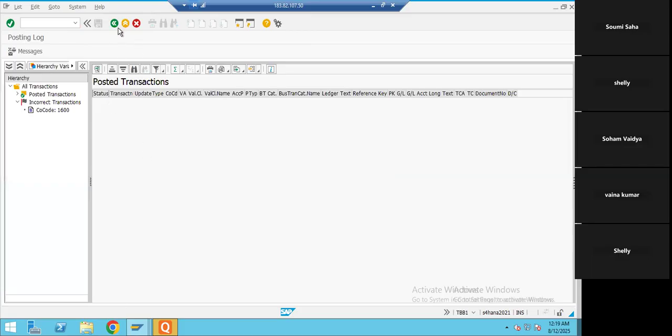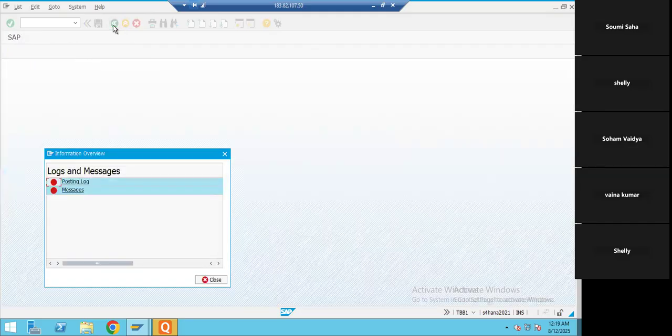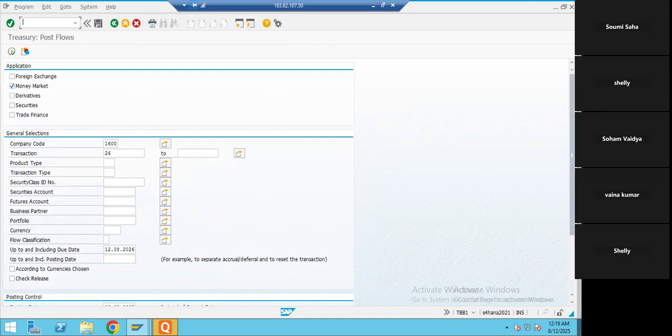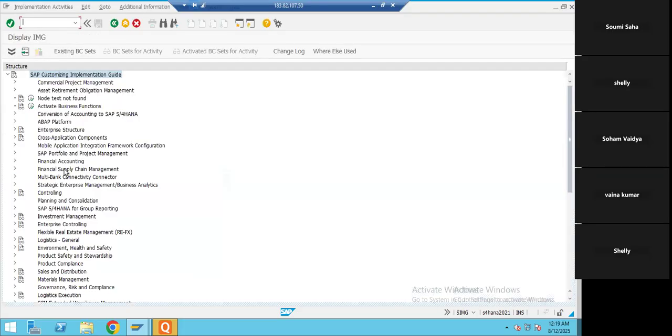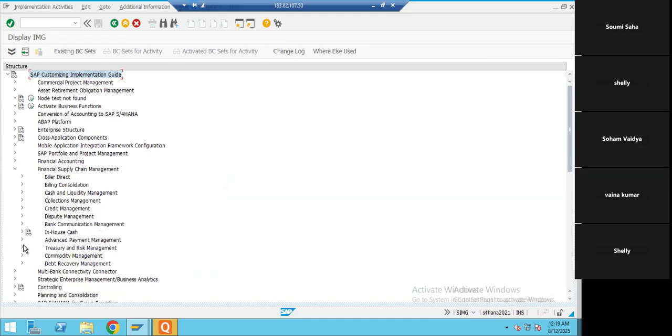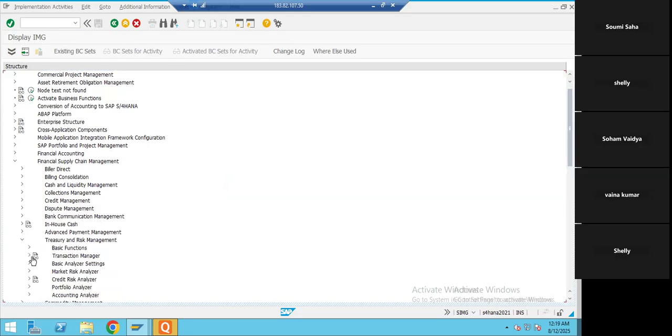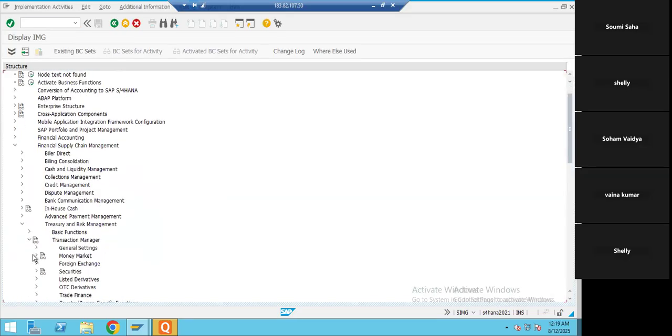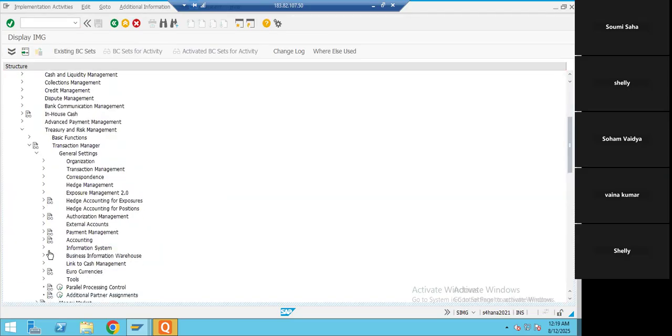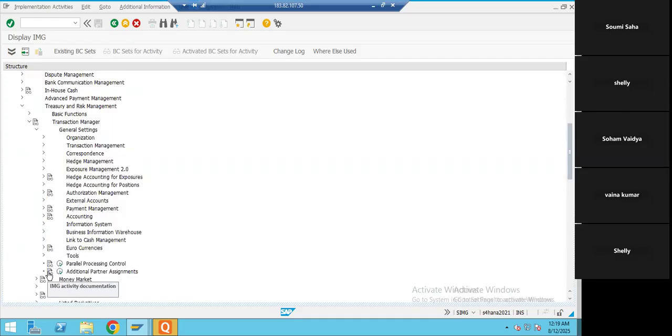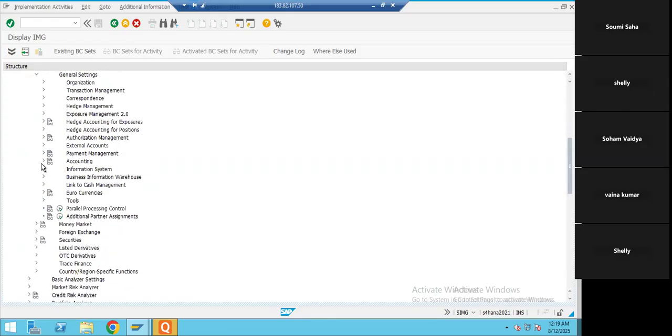Once you post this, each and every GL that you have configured in the system, based on everything you have done in the configuration, your accounting entries will be generated. Once that accounting is generated, with your debit and credit, whatever bank clearing accounts you're hitting, you have to make the final payment with that particular clearing account and debit or credit the main bank account. That is how you do it.